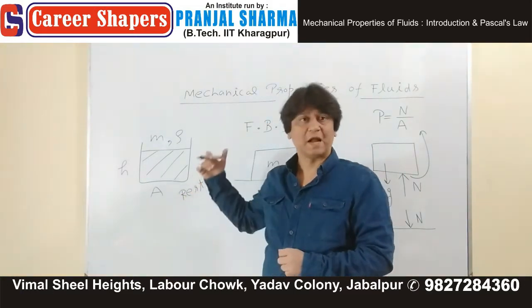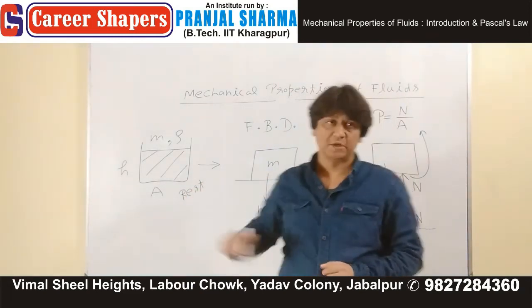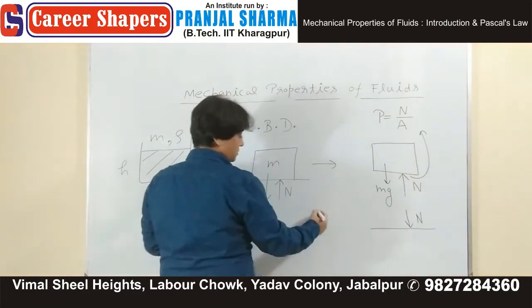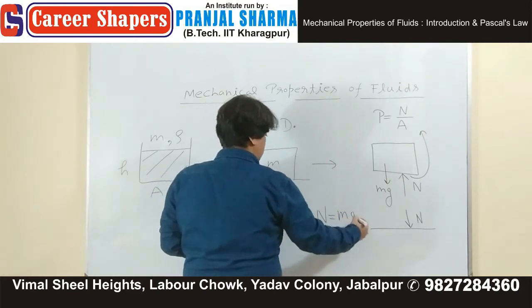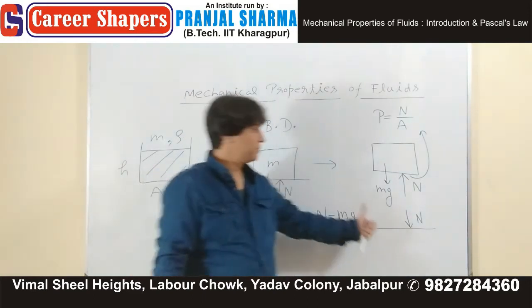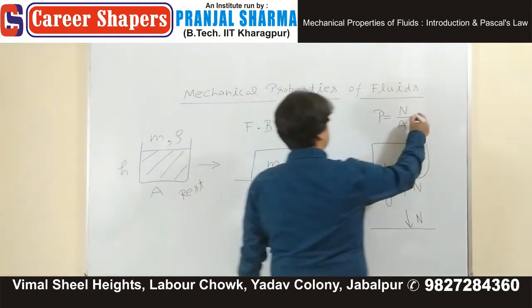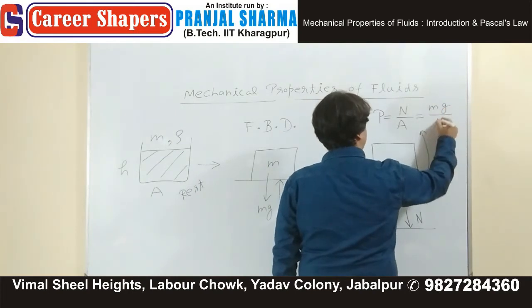If it is not at rest, then what will happen? We'll see that also. But right now, if the whole setup is at rest, then you know that this normal reaction is balancing the weight of the body. N is equal to mg. This therefore becomes mg divided by A.